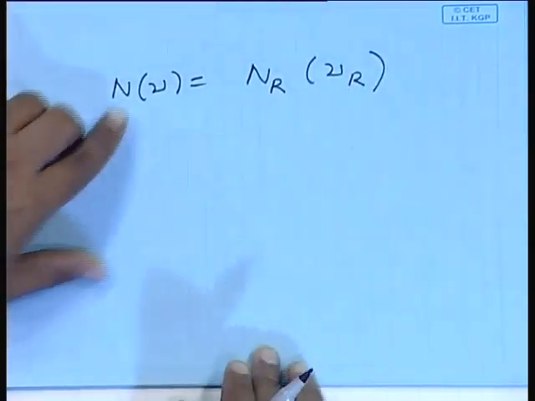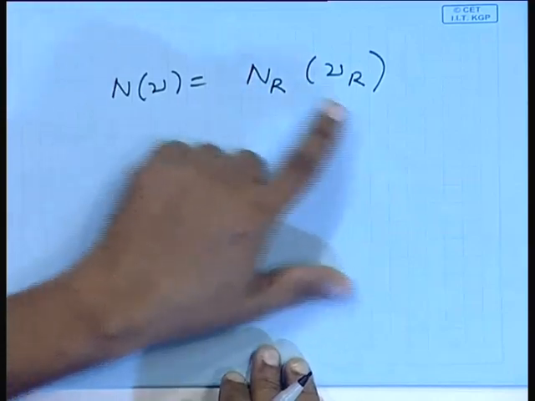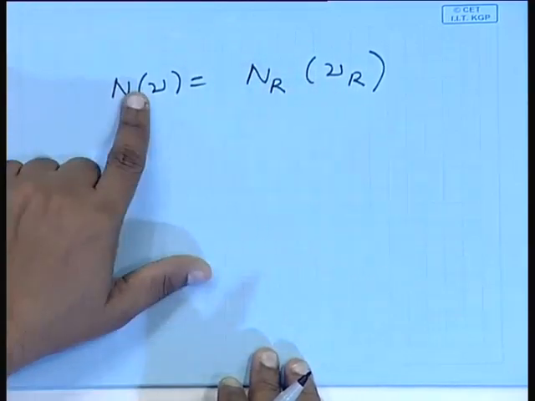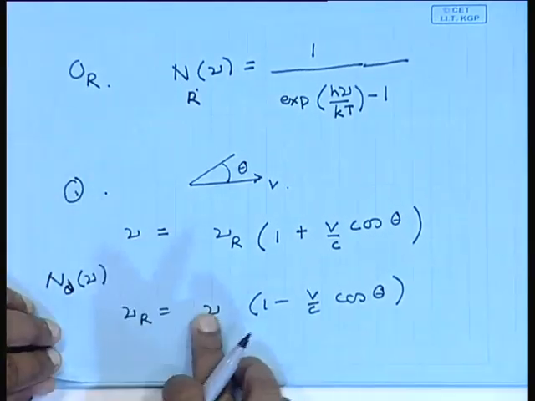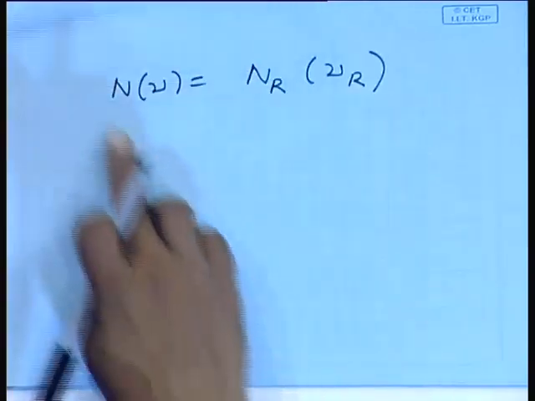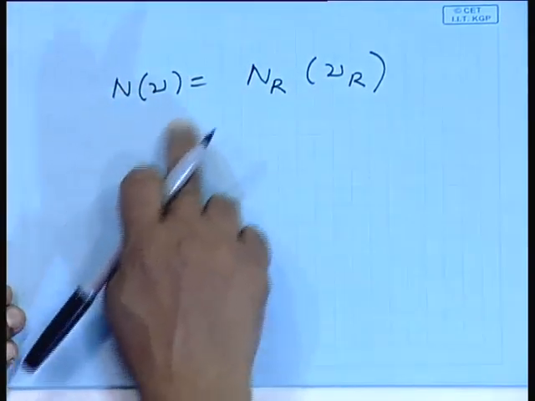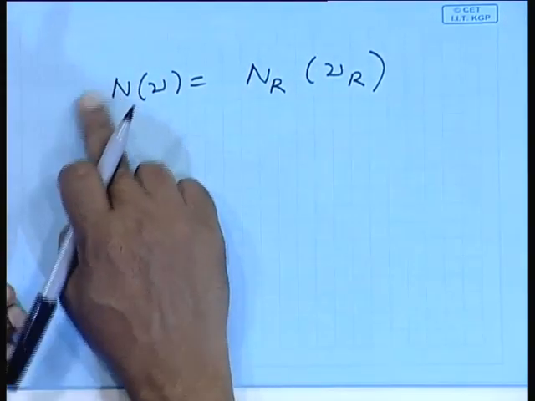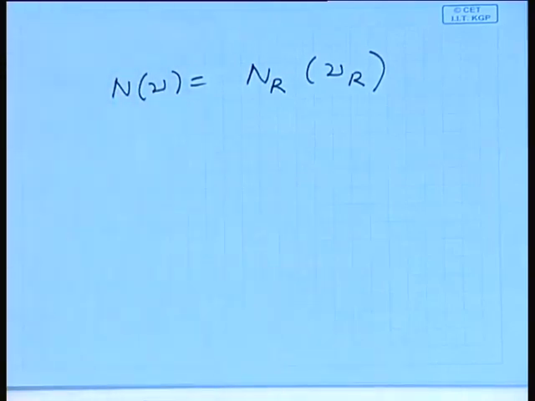If I go to the rest frame, the frequency is going to be different. I just calculate the occupation number of that photon, that is going to be the occupation number of this photon with frequency nu in this frame of reference. Okay. Now, from this you can work out what the occupation number in this moving frame is, and you will find that you can represent this in terms of a modified temperature that depends on the direction. Okay. So, please do this exercise. Let me stop over here.